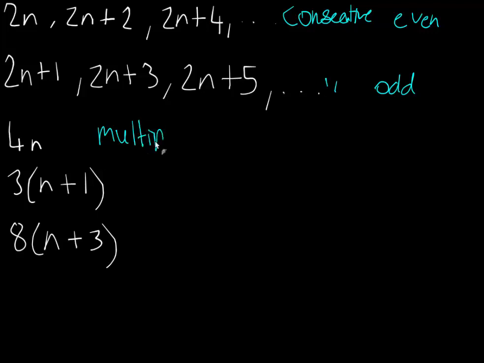You can try that: put any number you like into n, and you end up with a multiple of 4. The same idea applies to 3 lots of n plus 1. It doesn't matter what n plus 1 is, you'll end up with a multiple of 3. And 8 lots of n plus 3, whatever comes out of the bracket, if you times it by 8, you still end up with a multiple of 8.